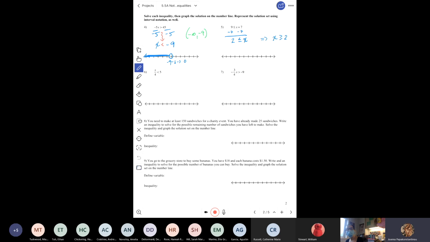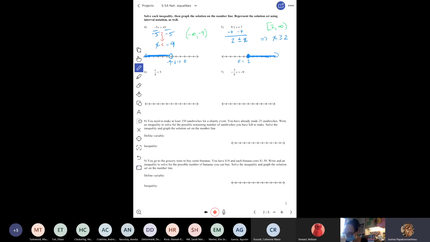It's not necessary. I'm just showing you that this is equivalent. And then I like to see 0, and then open or closed at 2. Closed, shading to the right. And that interval would be what? Closed bracket 2 to infinity, right? Because it's or equal to.